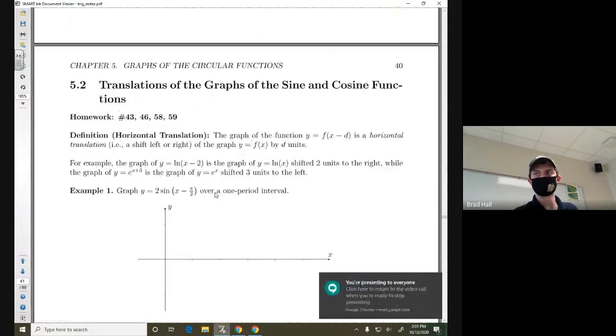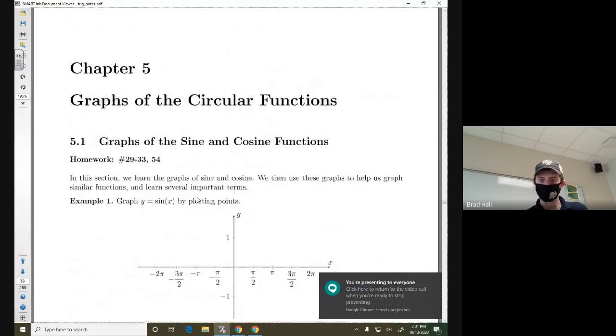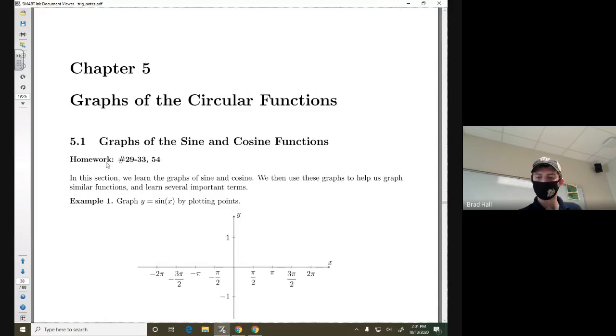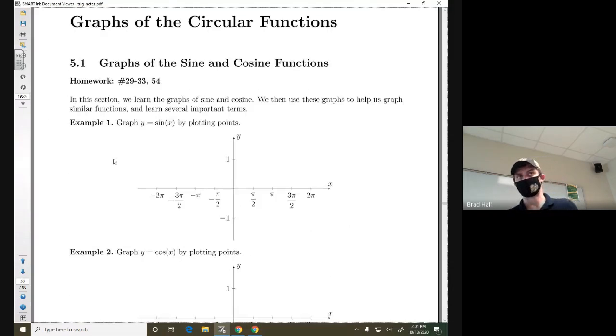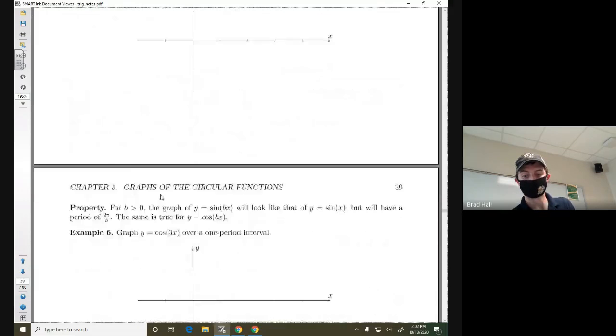Last time we started off this new chapter on graphs of sine and cosine, and we were talking about various characteristics that we can use to construct a one-period interval of the graph. Now we're going to incorporate translations.